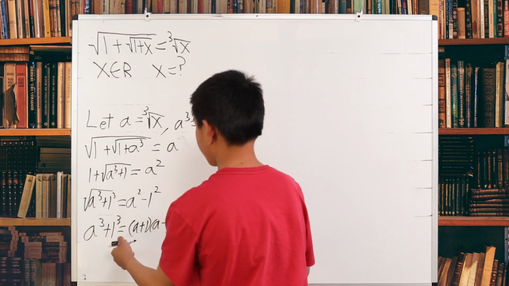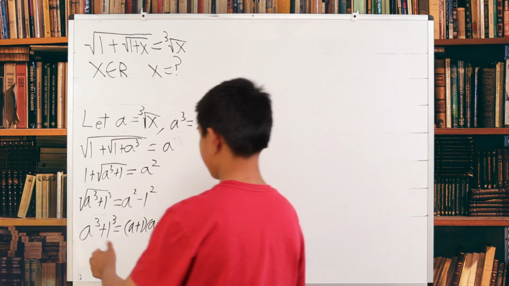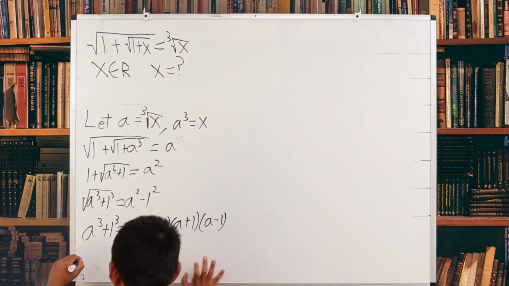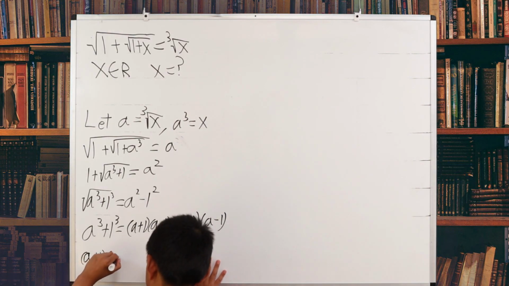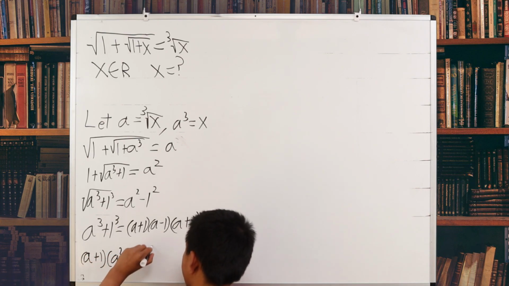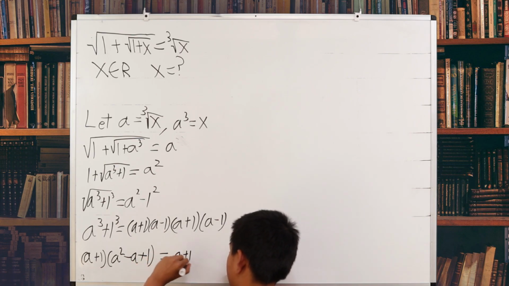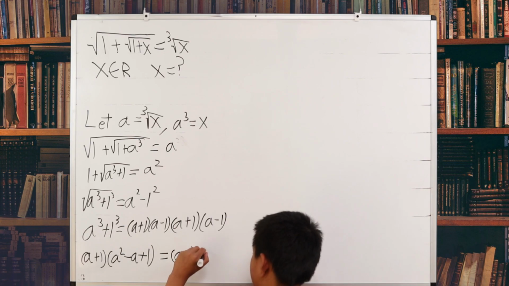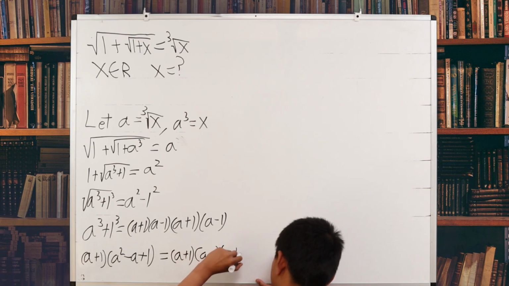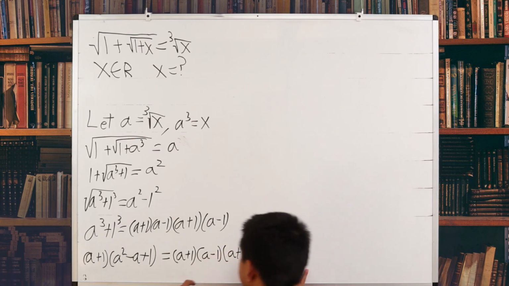And the left-hand side is also factorable: it is a plus 1 times a squared minus a plus 1, which is equal to a plus 1 times a minus 1 times a plus 1 times a minus 1.